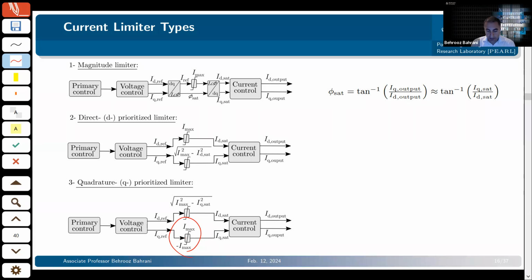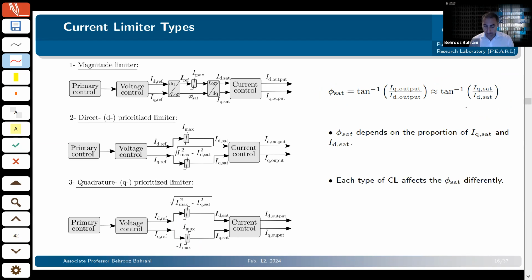So depending on which limiter you use, you'll get obviously different dynamic performance. But there is this variable that is very important to look at, and that's the phase angle of the saturation, or the phase angle of the current at the time that you're saturating it. And that depends on the saturation level of your ID and IQ.